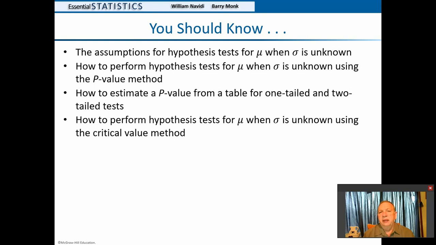In 8.2, we know what the population standard deviation is. In this case, sigma is unknown, so we use the sample standard deviation and the student's t distribution for our values. I hope you found that useful.